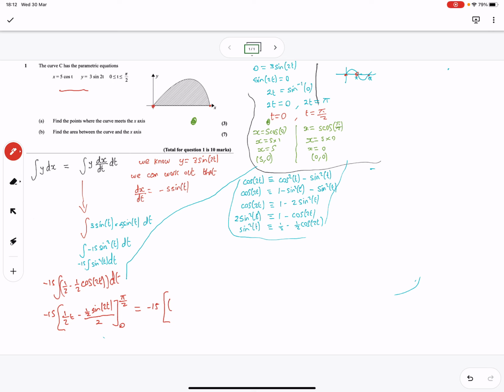So that's 1/2 times pi over 2 minus, first of all, this minus 1/2 divided by 2 is minus 1/4, so I'm going to simplify that to 1/4. And then we have sine 2 lots of pi over 2, putting that in the sine, that's going to become pi.